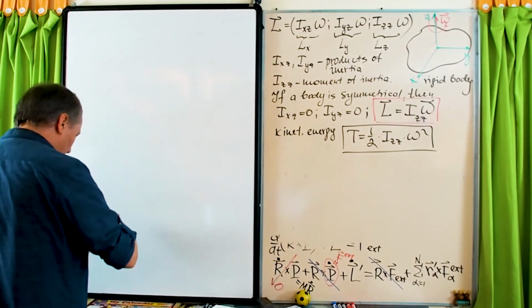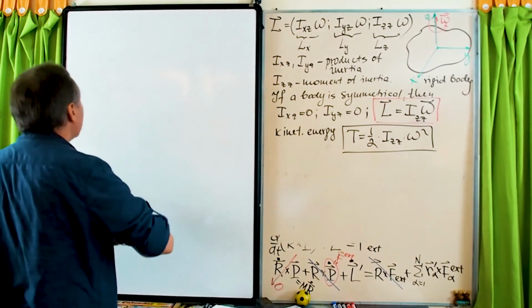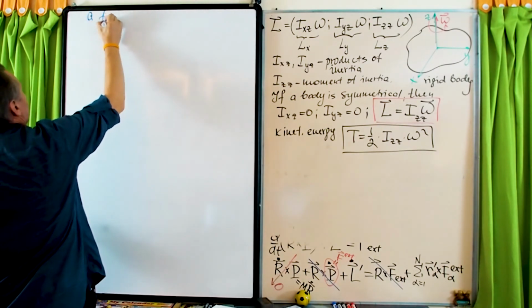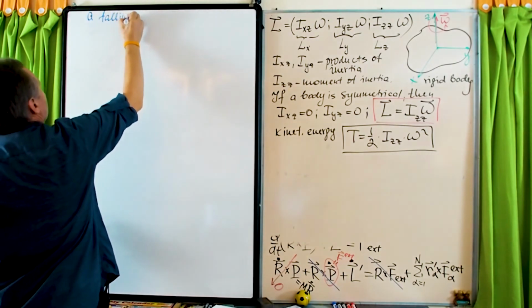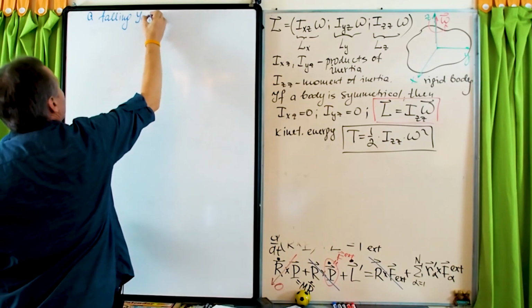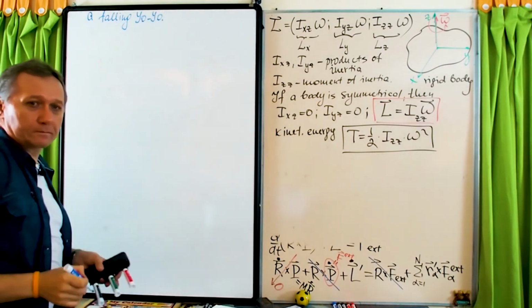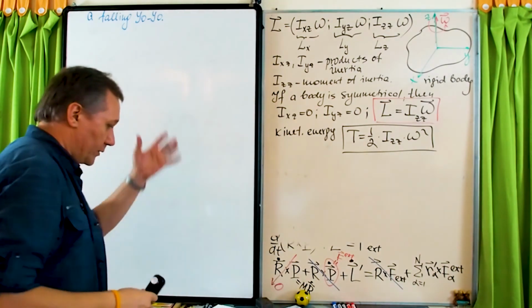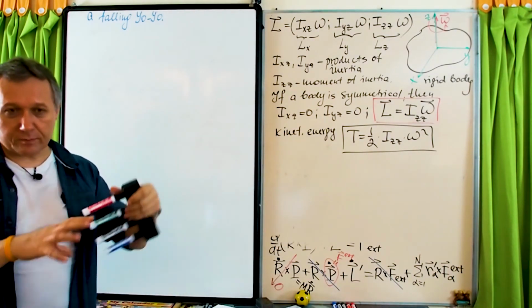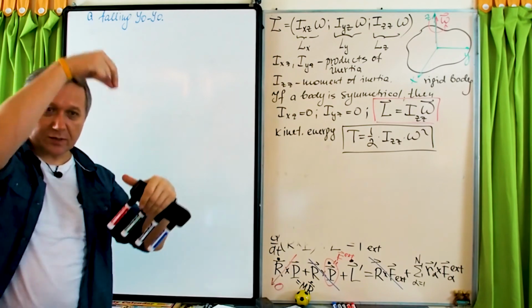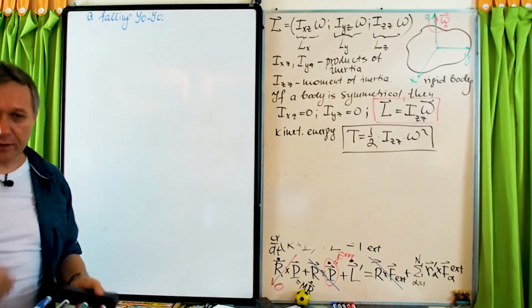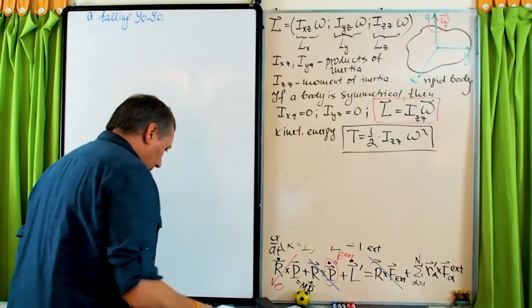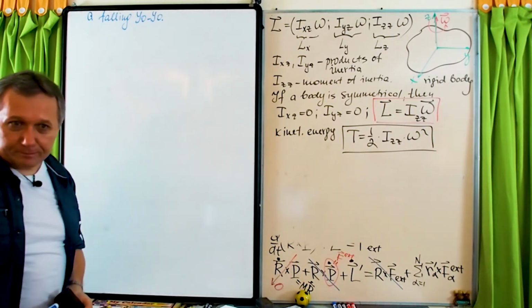So, a yo-yo problem, a falling yo-yo. Very popular example. Basically the yo-yo is a disc, with a cord, a string attached and wrapped, and it just goes down. We need to describe that motion.